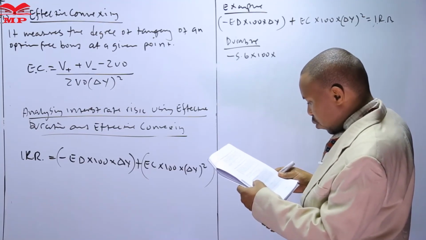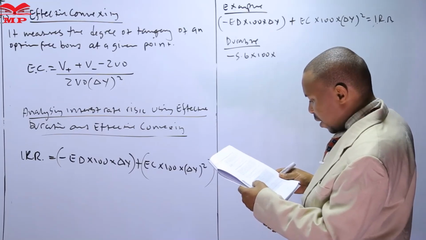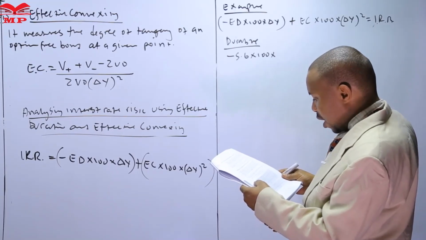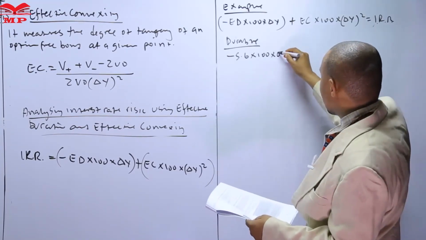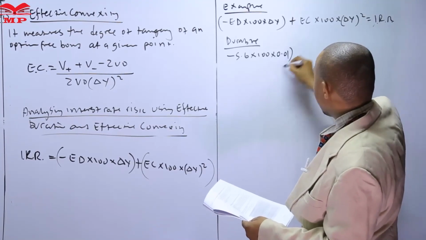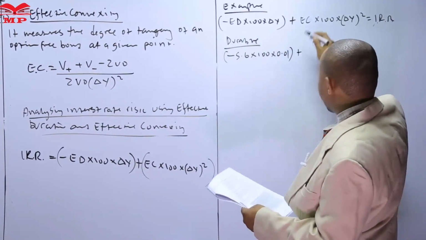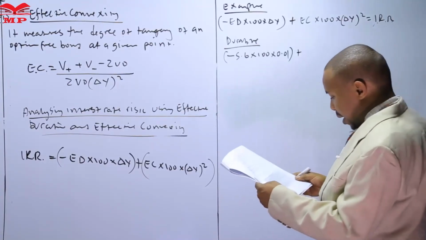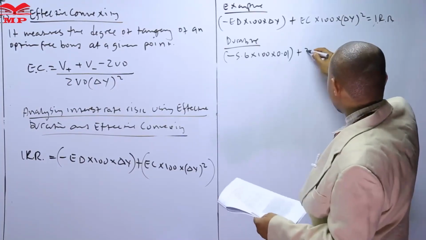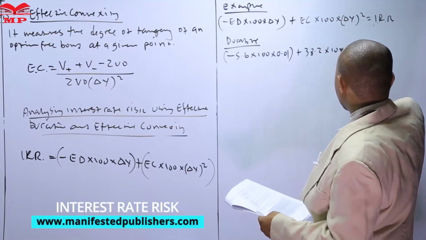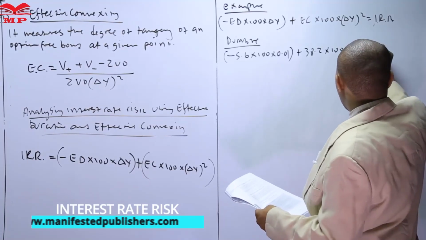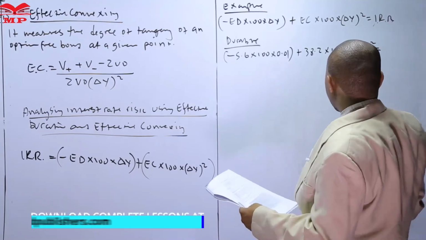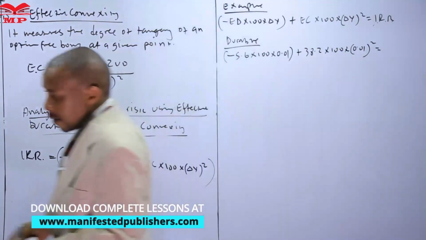The assumption will be that it is a one-time parallel shift, a 1% change, so it's 0.01 right there. Then we add the effective convexity, which is given as 38.2: 38.2 times 100 times 0.01 squared. How much are we getting in terms of interest rate risk? Let's compute.